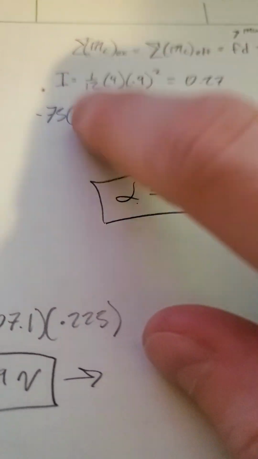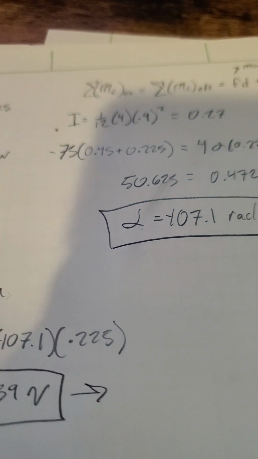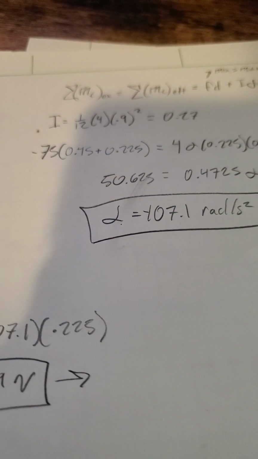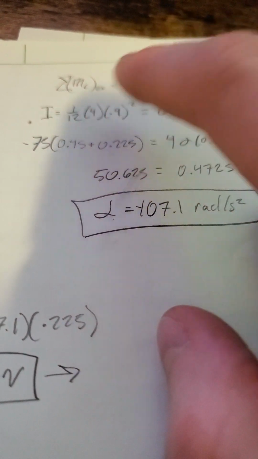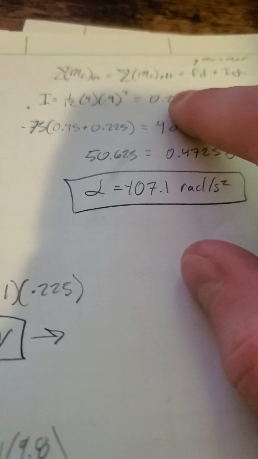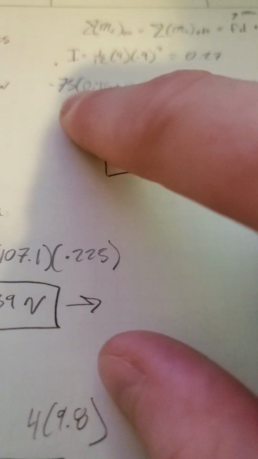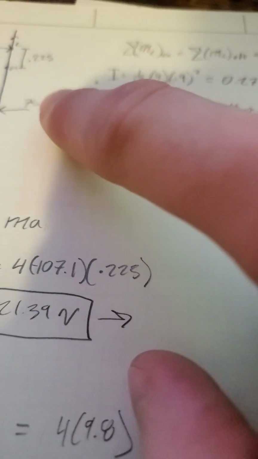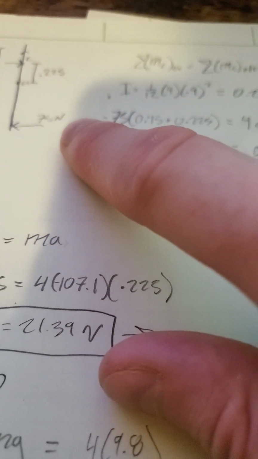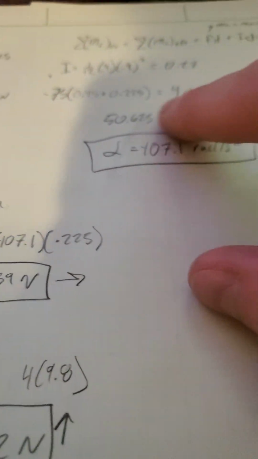So we can solve for I. This is just for the rod in general, 1/12 L squared times m, and that gives you the mass moment of inertia. So we can just solve for the moments here. So we have 75 newtons, and then this distance is going to be half of 0.9 plus 0.225, and then we have the effective moments.